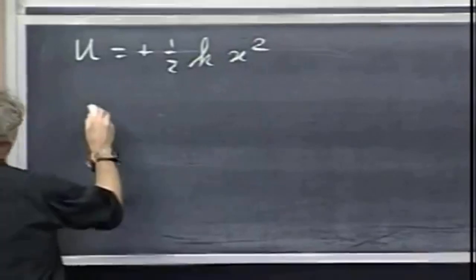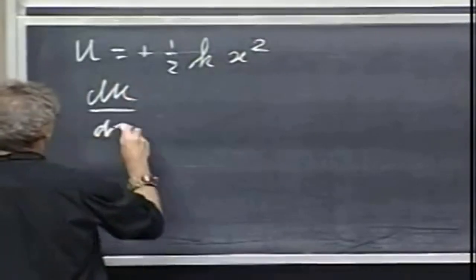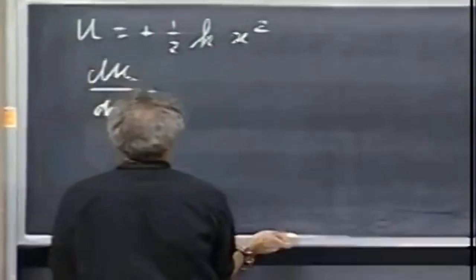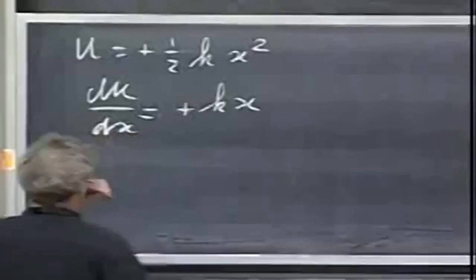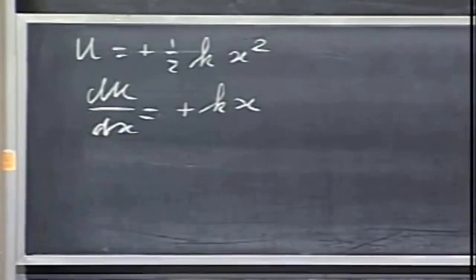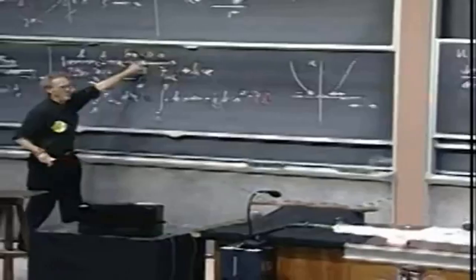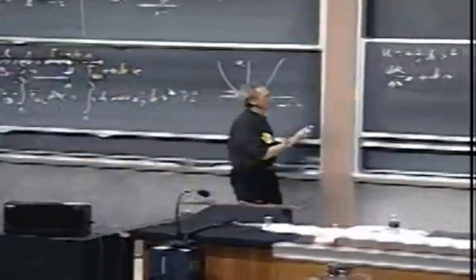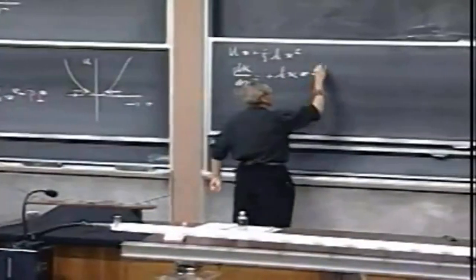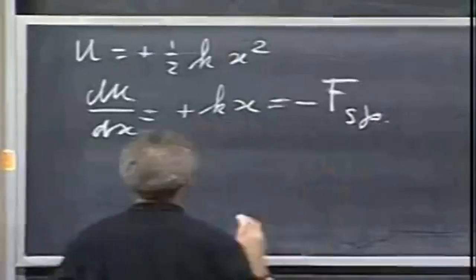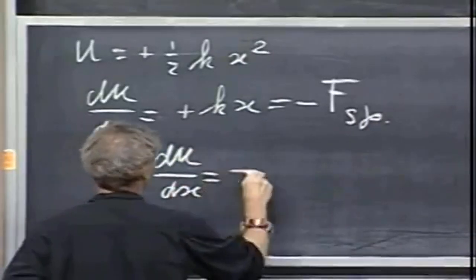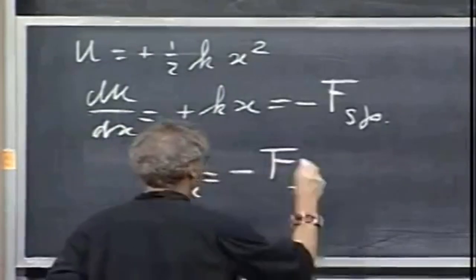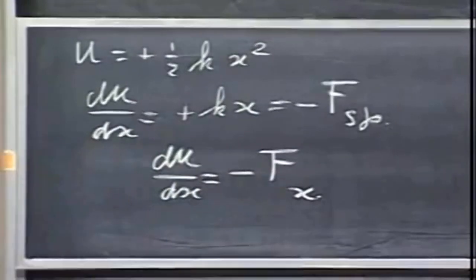And if I take the derivative of that versus x, then I get plus kx. But the force, the spring force itself, is minus kx. So this equals minus the spring force. So we have that dU/dx equals minus Fx, and I put the x there because it's a one-dimensional problem.